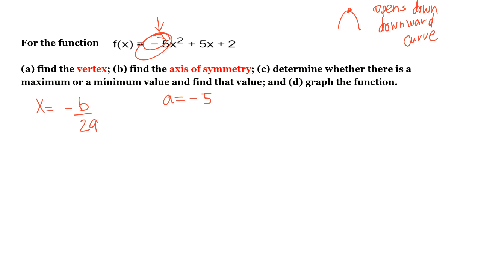Negative 5 is the coefficient of x squared. And my b is a positive 5. So I use a and b, and then c we don't need, but c will be 2, just for practice.